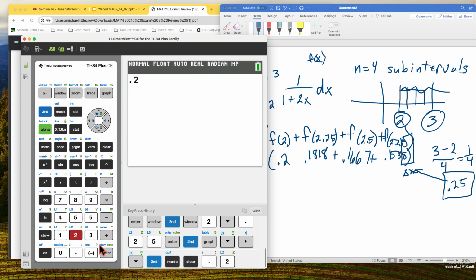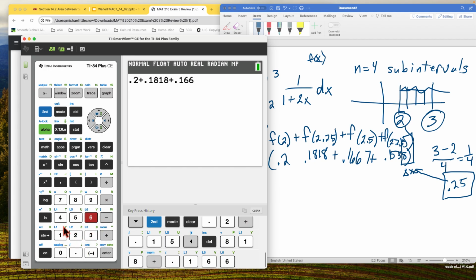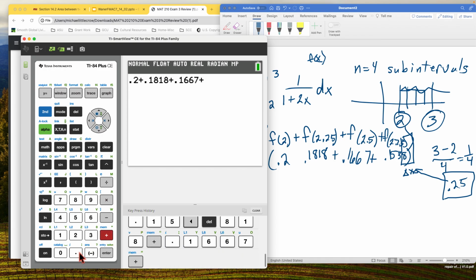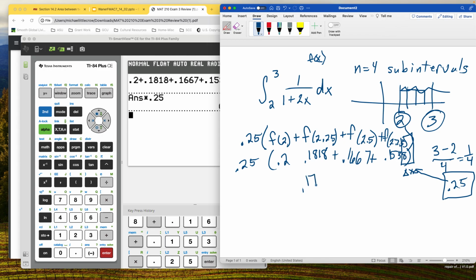We add these together: 0.2 plus 0.1818 plus 0.1667 plus 0.1538 is equal to that, and then I need to multiply that by 0.25, and that tells us our area under the curve should be 0.1755 or 56, rounded to 4 decimal places.